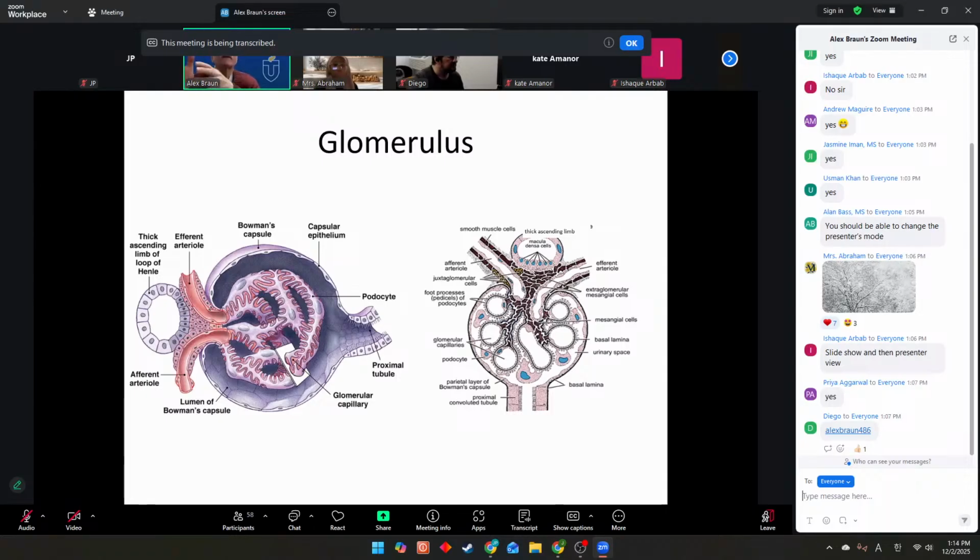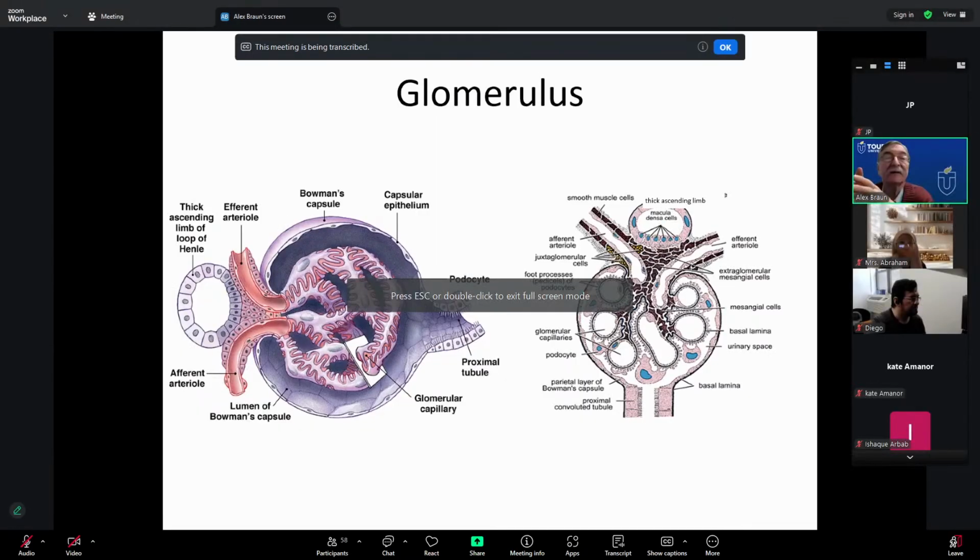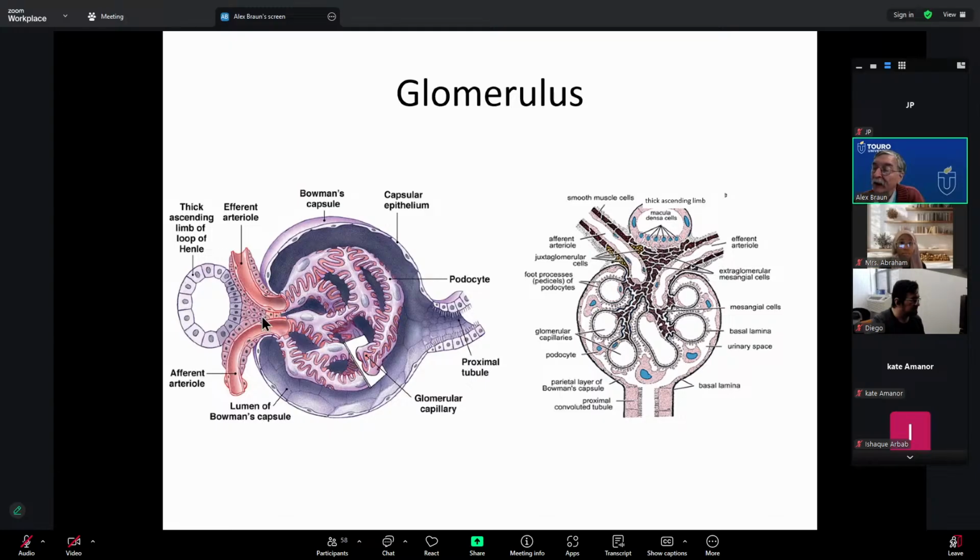It returns to the glomerulus of its origin, its parent glomerulus, and where it returns is this crook, this cubbyhole between the afferent and efferent arteriole. You see it pressing against this gap between the afferent and efferent arteriole right here.